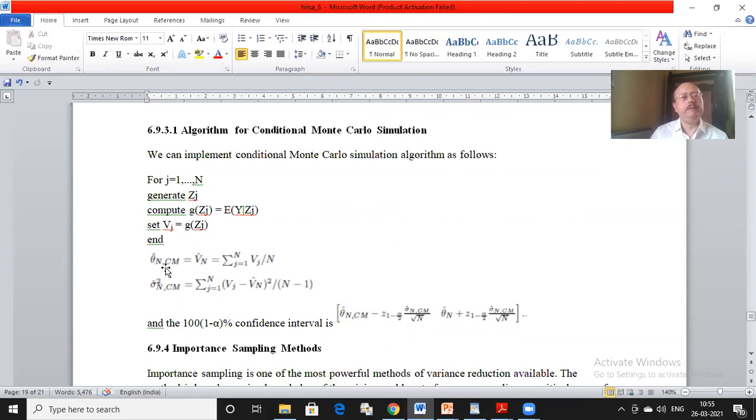Finally, I calculate this estimator, theta hat n comma cm. Cm is the conditional Monte Carlo, which is the simple average of all the v values. And the sampling variance can also be estimated like this.